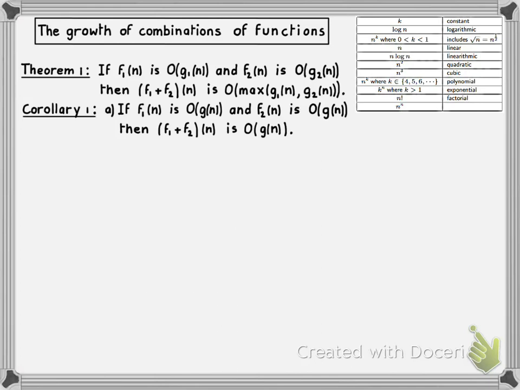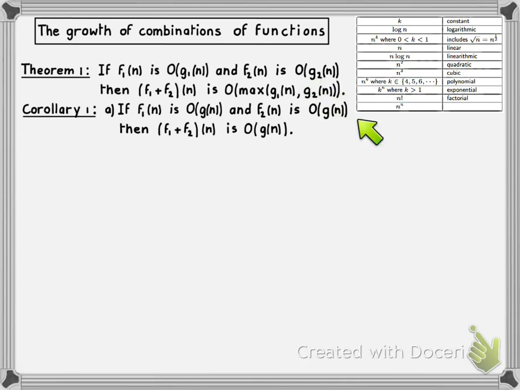Consider, for example, that this assumption here matches exactly this one, except we call the function g of n instead of g1 of n, and this assumption here also matches this one, where g2 of n is called g of n.